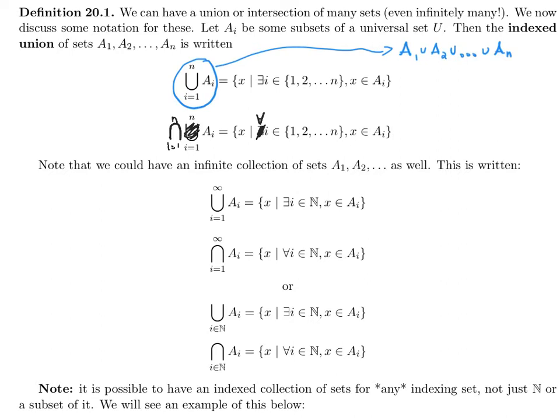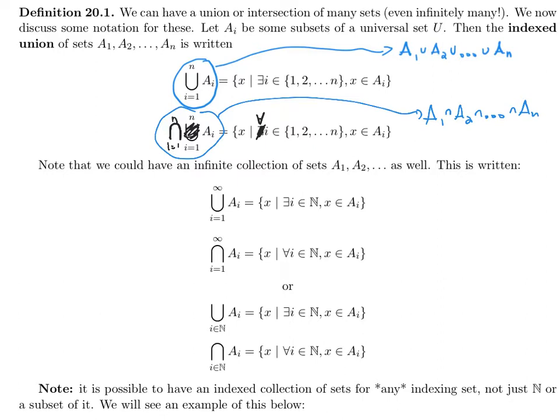So it's for all I. And this one looks very similar, except it is A1 intersect A2, intersect all the way to intersect AN.